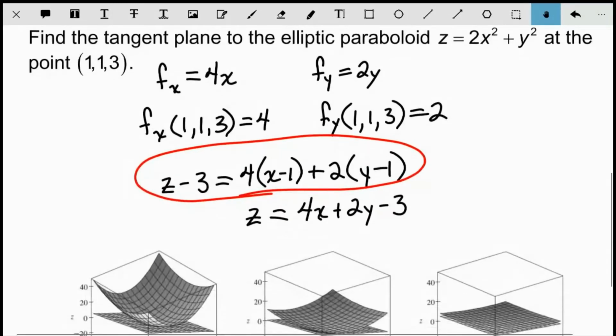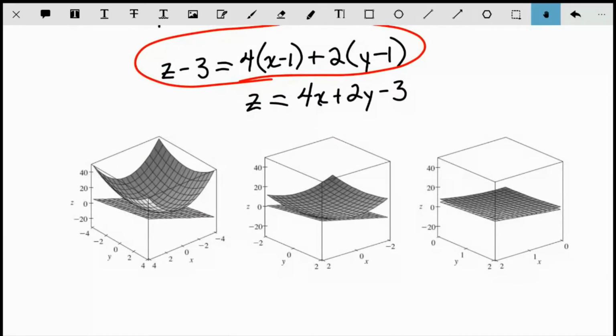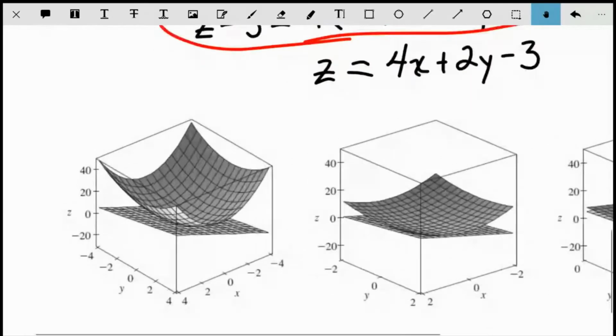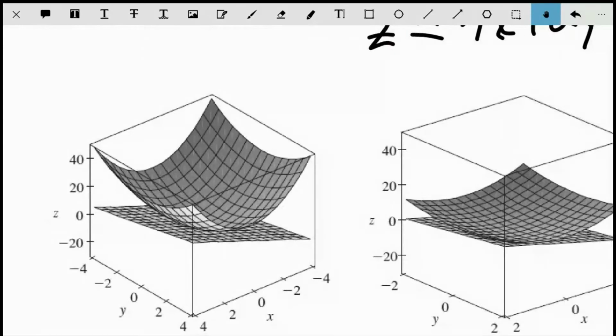Okay, so here's the idea of just the whole thing that we talked about with local linearity in two dimensions. We have sort of the same idea in three dimensions. So the curved surface here is my function, and you can see we've got a tangent plane drawn in there. And all we're doing here is just zooming in on the point of tangency.